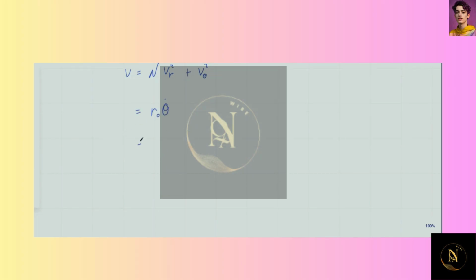And now we can open out theta dot, so this becomes r naught times v naught over r naught cos squared of theta. And now it becomes clear why we expanded theta dot. And so this is equal to, see the r naughts cancel, so this is v naught over cos squared theta. So we have an expression for the speed of the particle in terms of the angle theta.